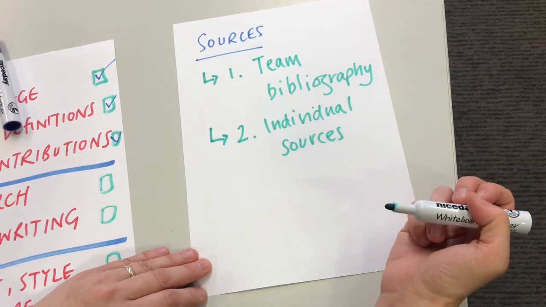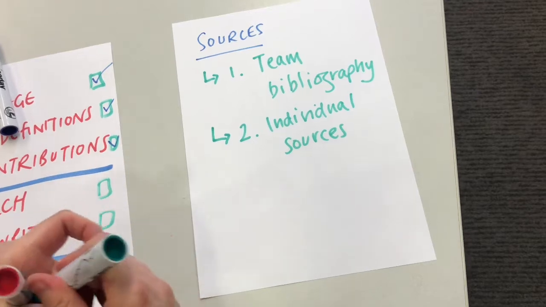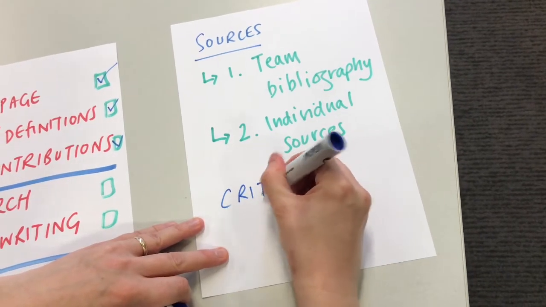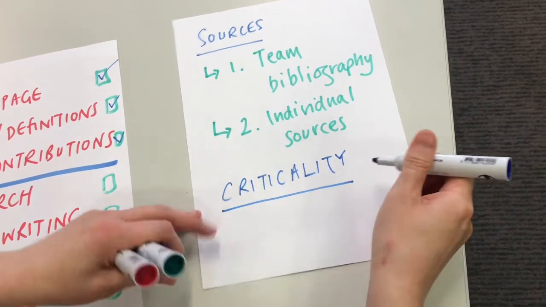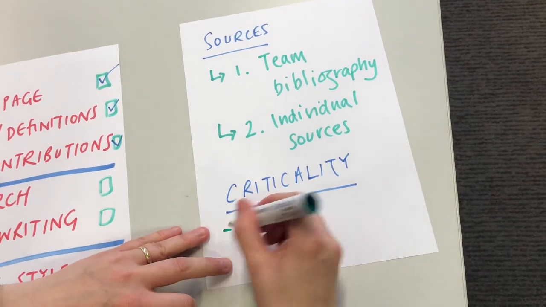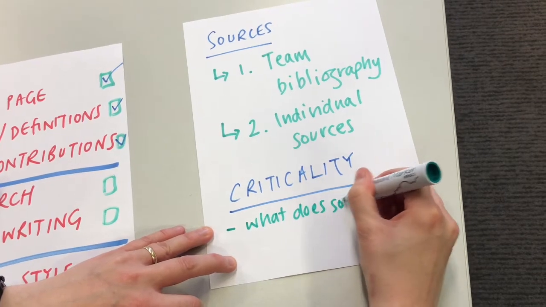Another way of thinking about your sources is actually how you're using them. So we want you to be critical. So let's think a little bit about criticality. You need to think, what does the source tell you? So what does the source say?